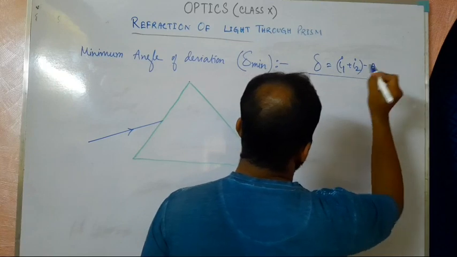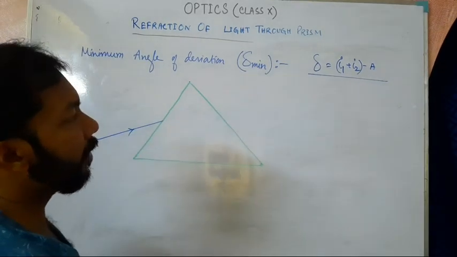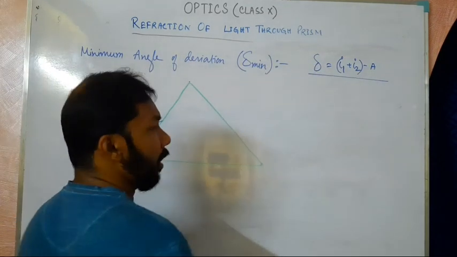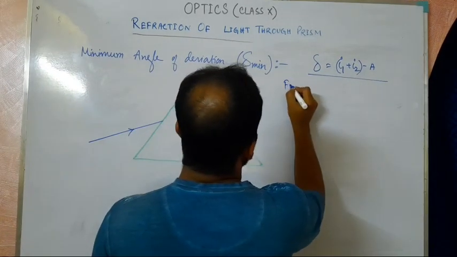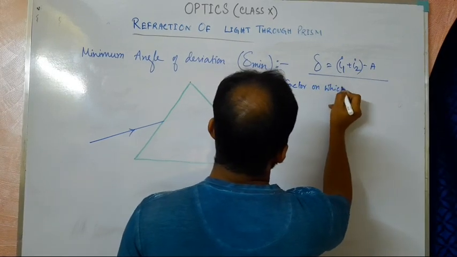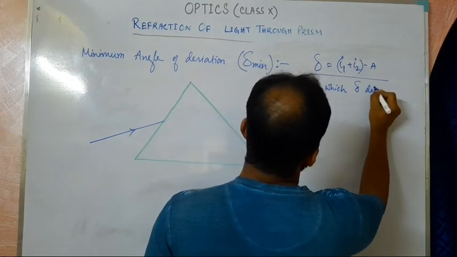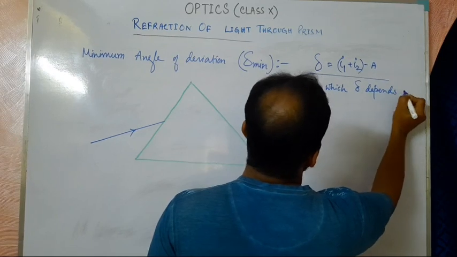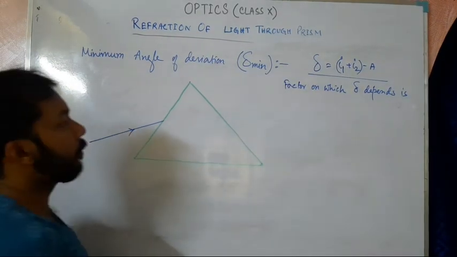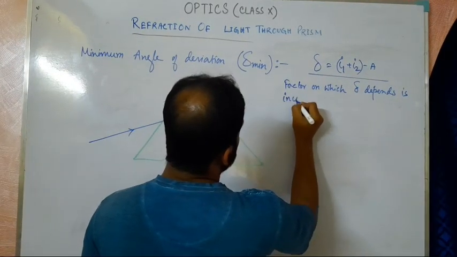Now from this equation, what are the factors on which the angle of deviation depends? The factor on which delta depends is only the incidence angle.